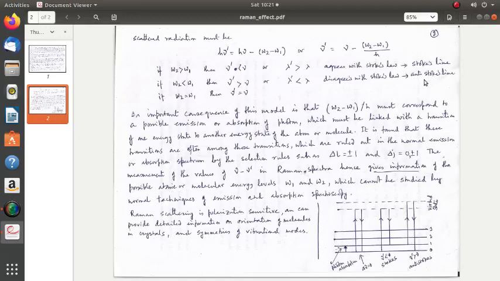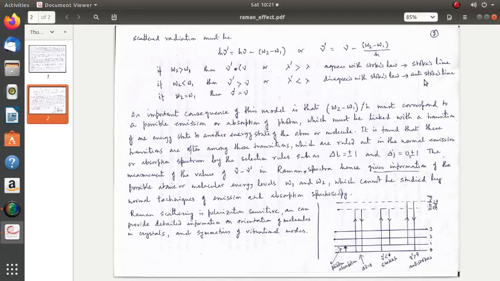The measurement of values of nu minus nu dash in Raman spectra hence gives information of the possible atomic or molecular energy levels which cannot be studied by normal techniques of emission and absorption spectroscopy. So it is very important, because normal emission and absorption spectroscopy follows the rules such as delta L equal to plus minus 1 and delta J equal to 0 or plus minus 1.